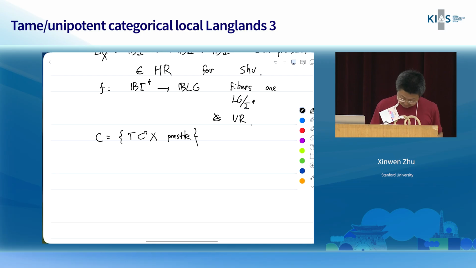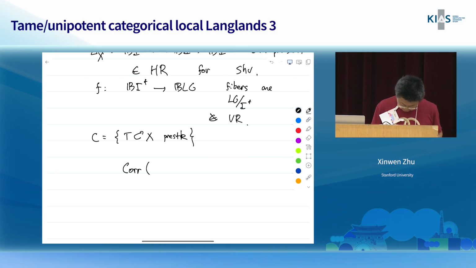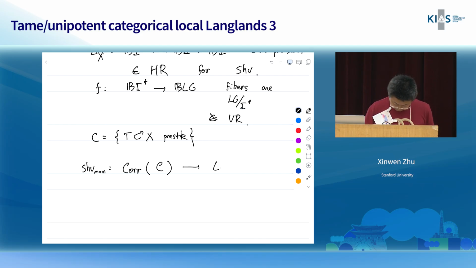And then in this category, instead of the formalism for just sheaves, you can consider the formalism for monodromic sheaves.